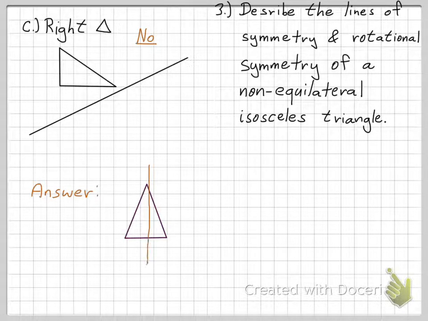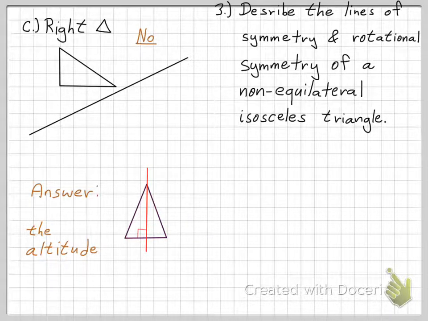And what do we call that? This drop down here, it's a drop down from the vertex perpendicular to the other side. Can you remember what that's from? I believe that was chapter 5. That would be the altitude. So the altitude is the line of symmetry.